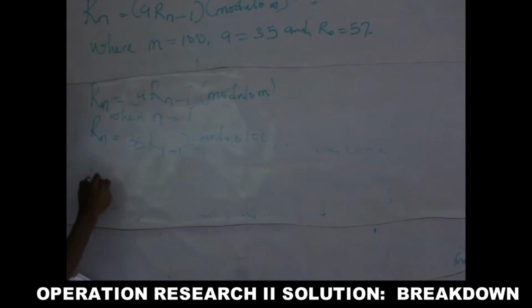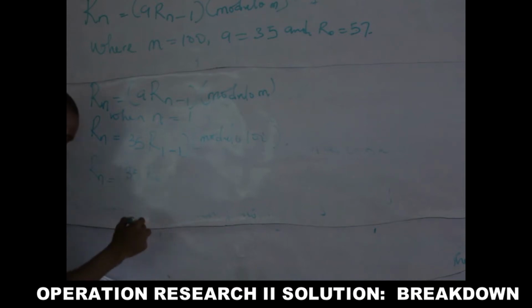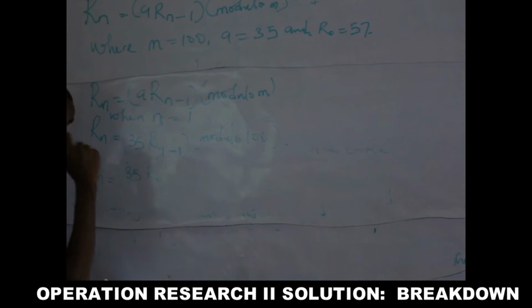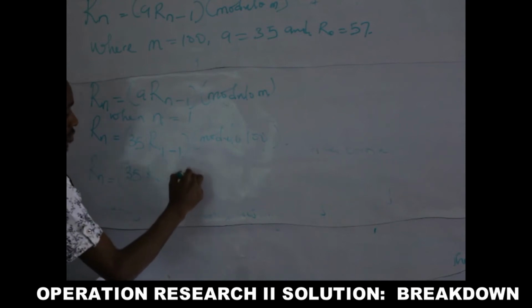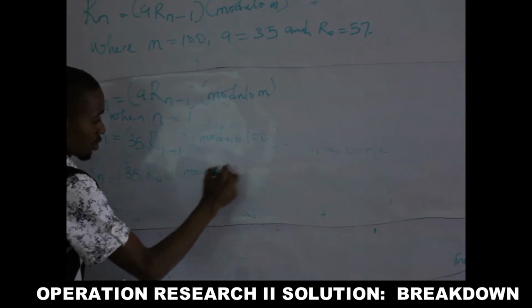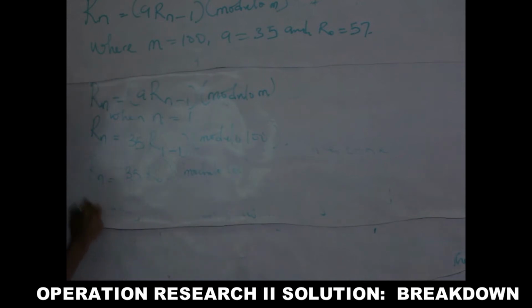So Rn equals 35 times R base 0, modulo 100.